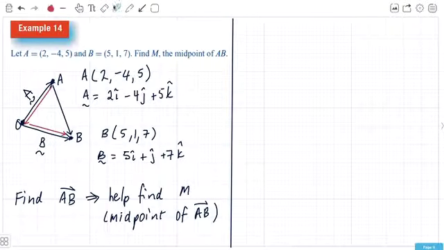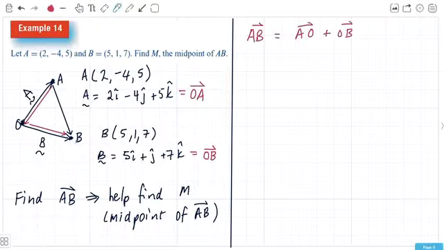So we'd write our vector A to B as A to O, and then O to B. Something you may have noticed is that I called this vector A, but you could also express this as OA, because you're going from the origin to A, and vector B is from the origin to B, OB.